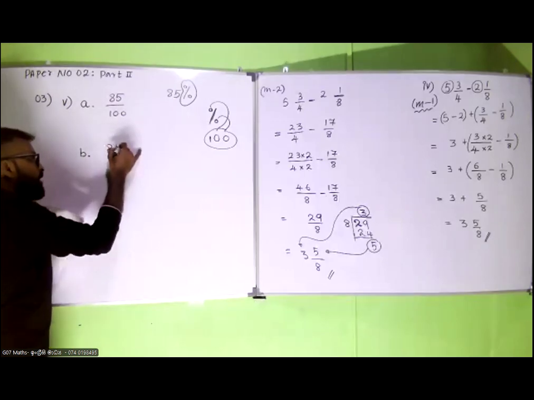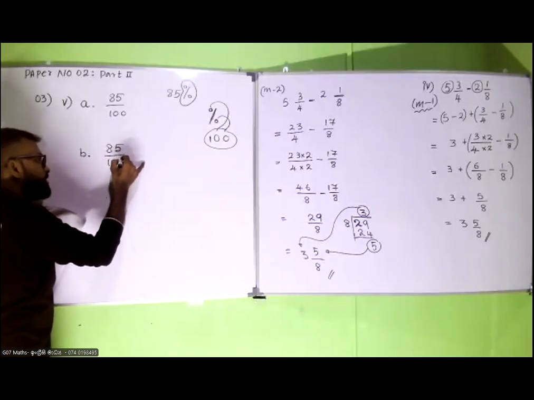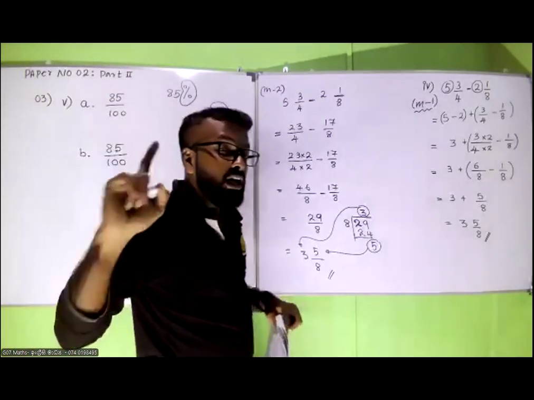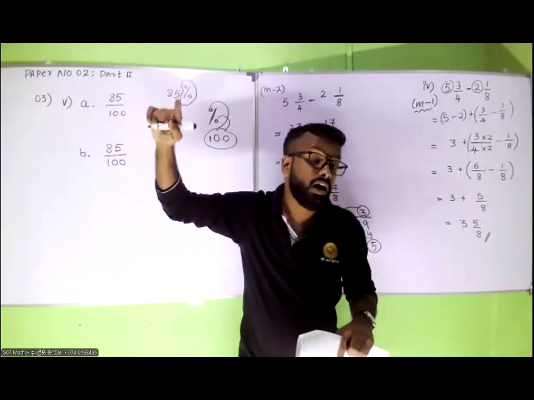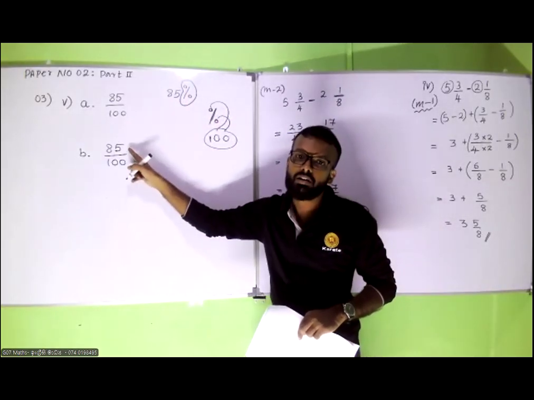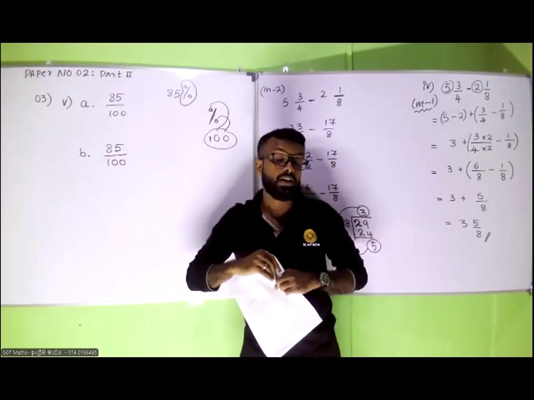How are you going to write down 85 divided by 100 as a decimal number? Dividing the given number by 100. Can anyone say the answer for this one? 85 divided by 100. What is the decimal number?